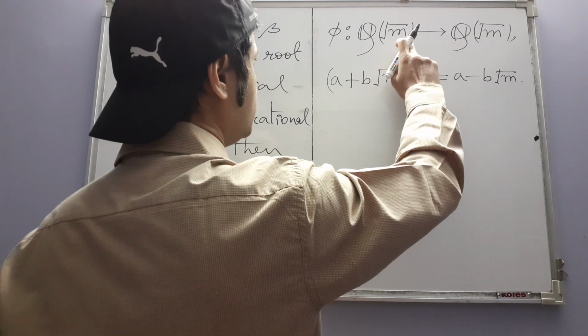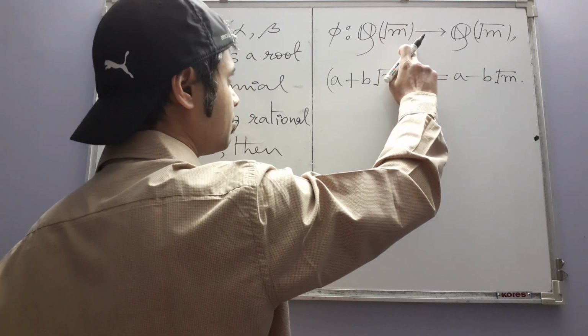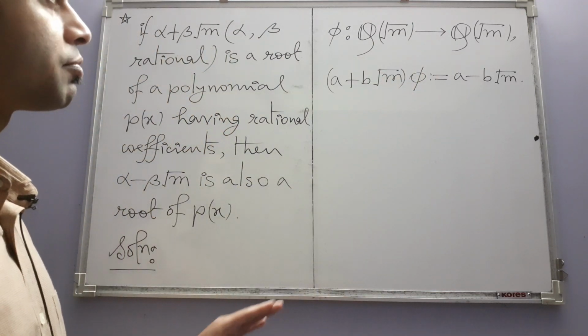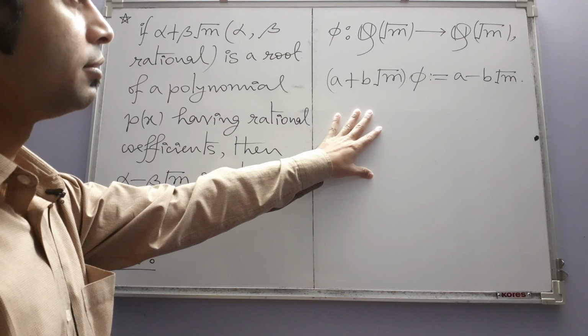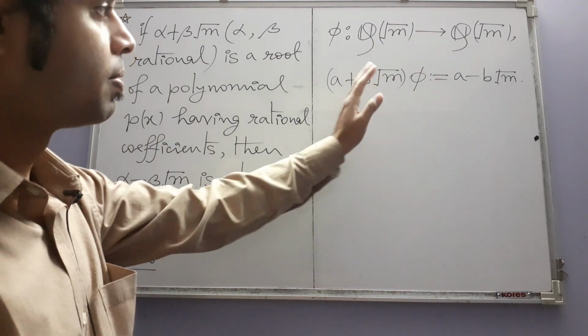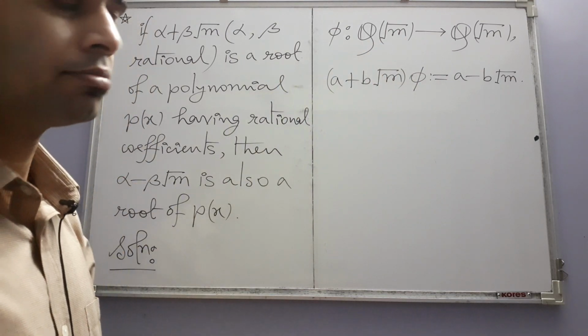As a complex number, it is an algebraic number of degree 2, and this degree 2 comes from the fact that its square is a rational number, which is m, but the number itself is not a rational number.